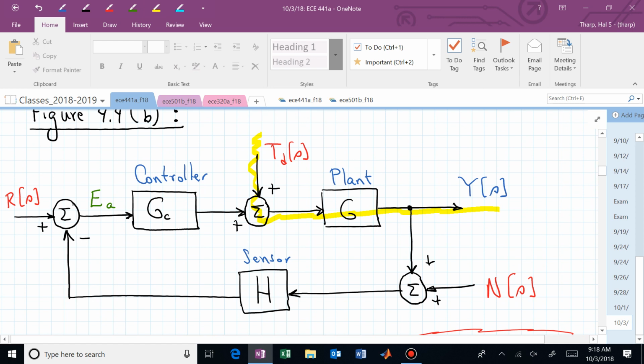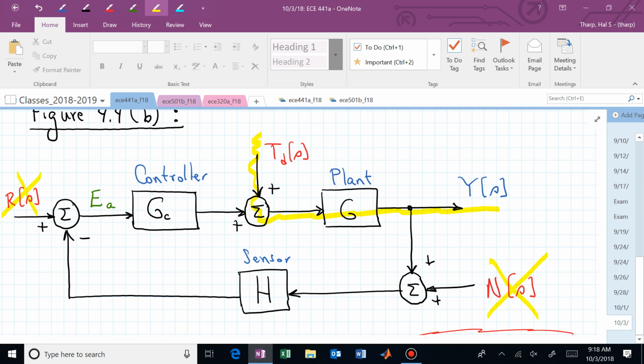But we are assuming this is gone and that's gone for this first piece. We don't have to worry about R, we don't have to worry about N in finding this first transfer function between t sub d and y. And now I'm going to force your hand. I'm going to say find this transfer function using Mason's gain.